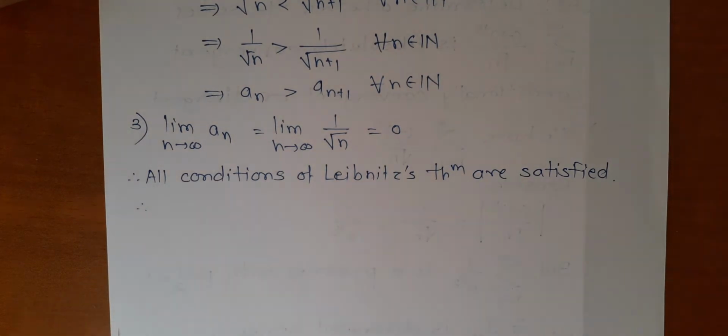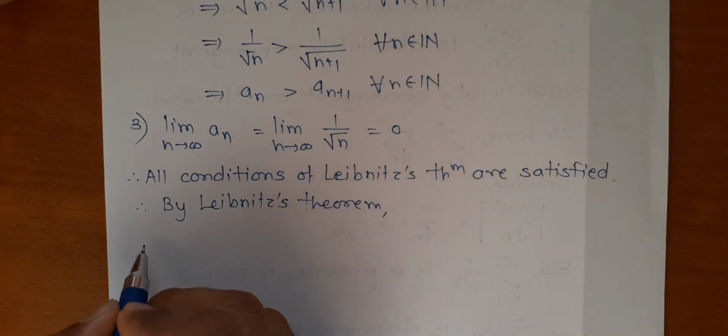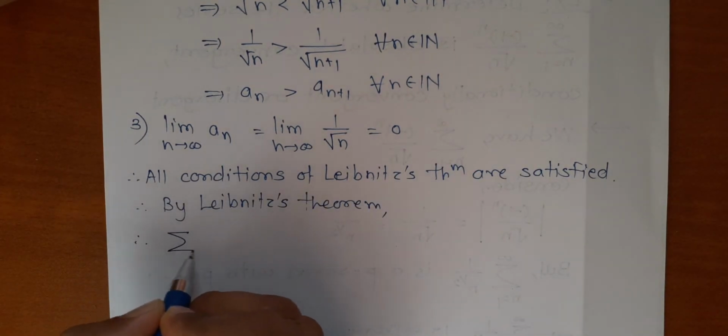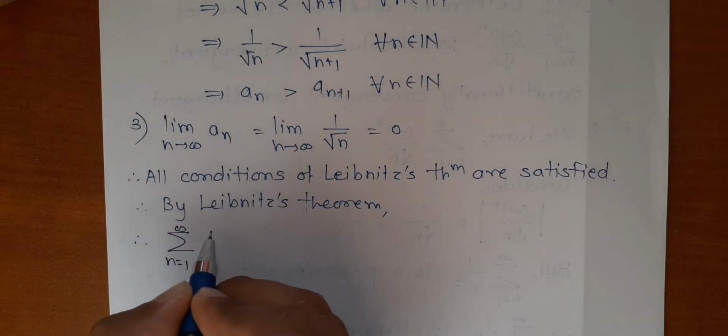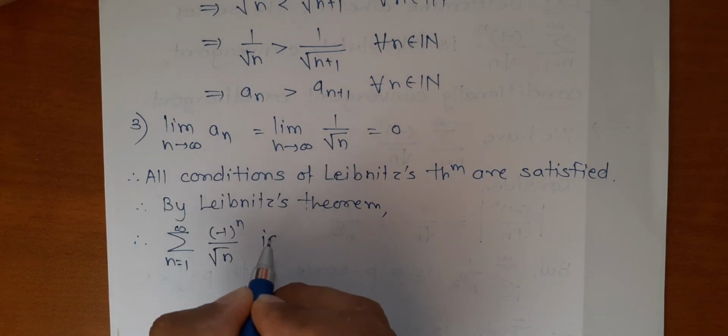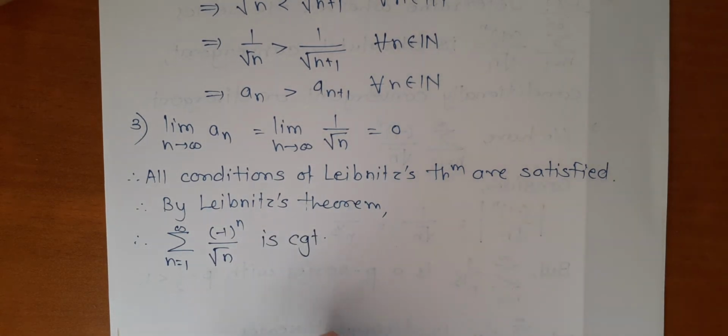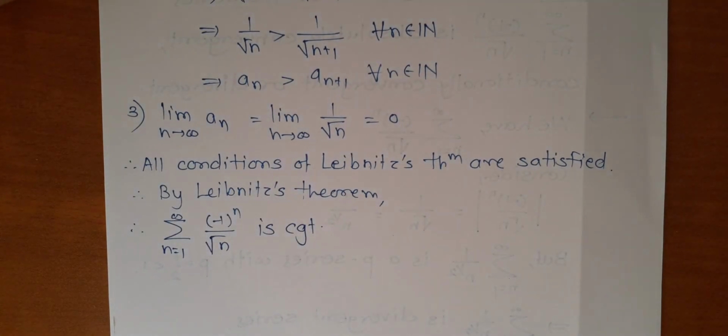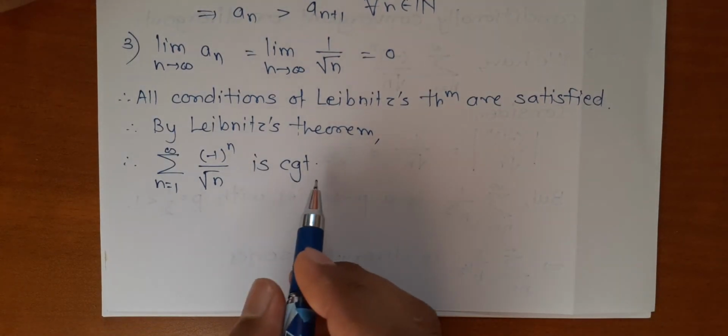Therefore by the Leibniz theorem we can say the given alternating series, summation n running from 1 to infinity of minus 1 raised to n upon root n, is convergent. So see what we have proved. It is convergent, but with mod it's not convergent.